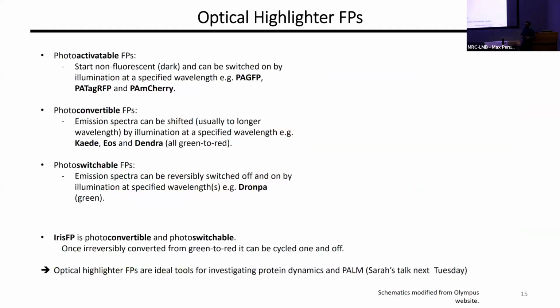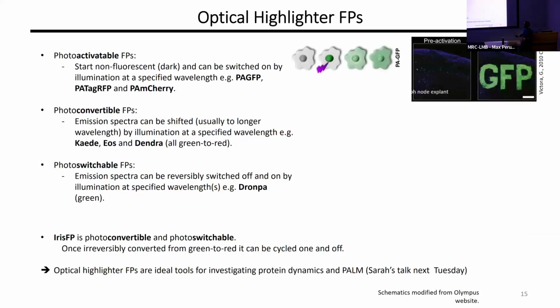These also have some varieties that can be used for different types of experiments. For example, photoactivatable fluorescent proteins. Here you have GFP that is not active, and once you illuminate with a specific wavelength, it turns on and becomes active. You might need that fluorescence to come up in a later stage of development, for example, or a later stage of the cell cycle.